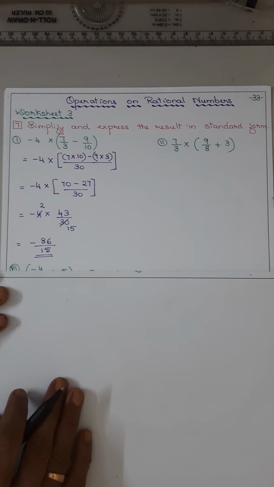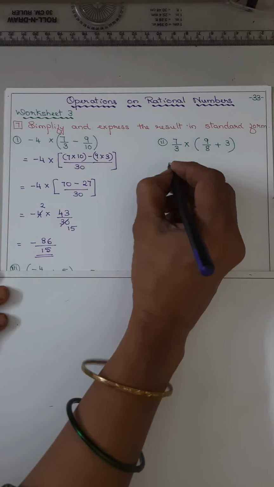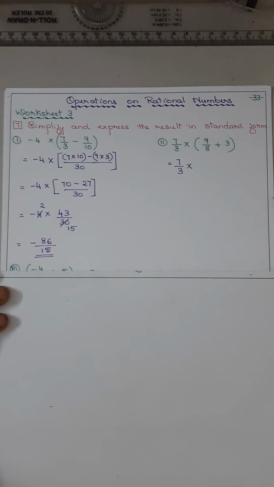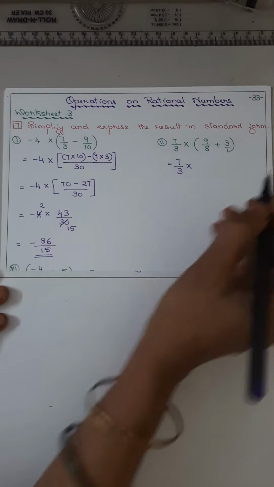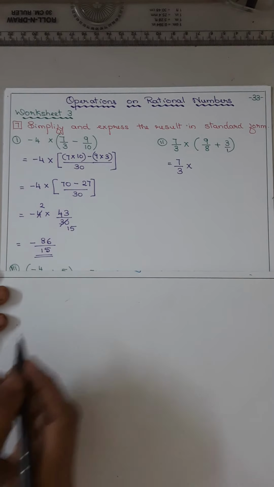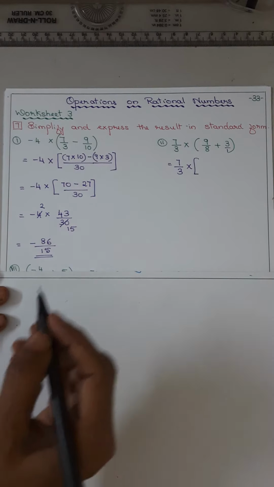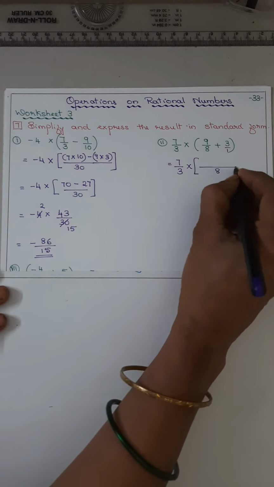Is it okay? Now coming to the second sum, it is 7 by 3 into, within the bracket, it is addition. So here 3 means what? 3 by 1. So see the LCM of 8 and 1. What will be the LCM? It is 8.